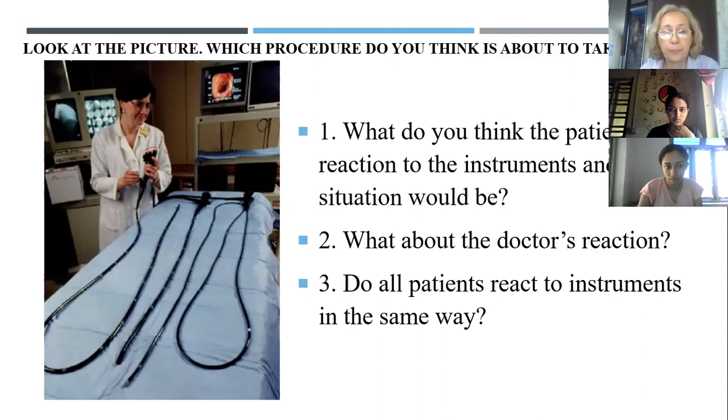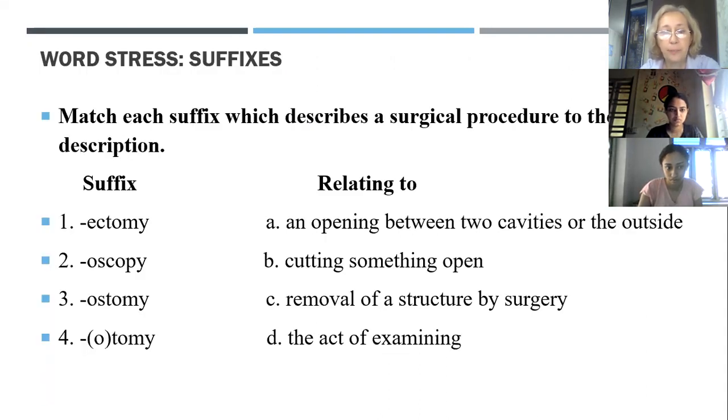Okay, good. Now let us move to the next slide, and here we should focus on some aspects of word stress and suffixes.